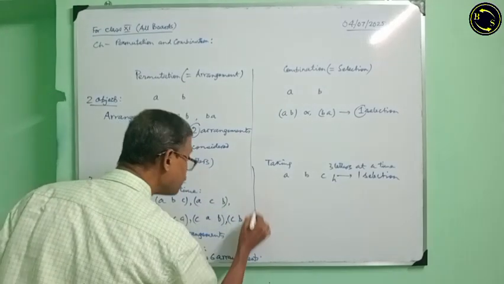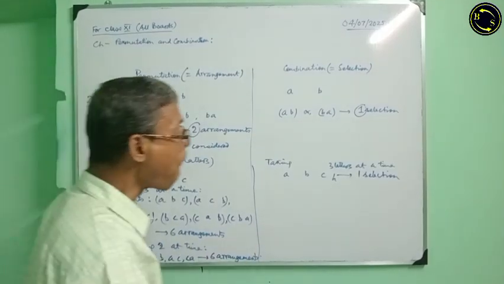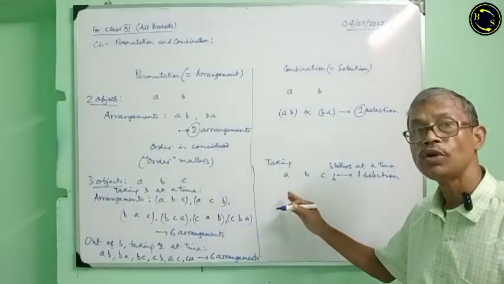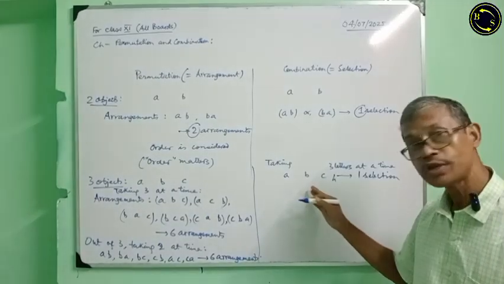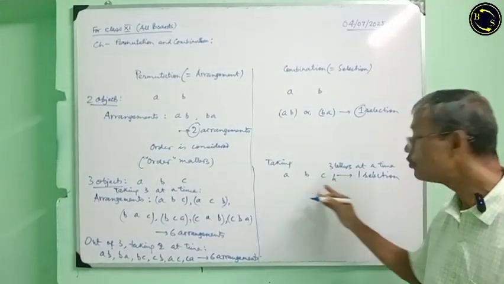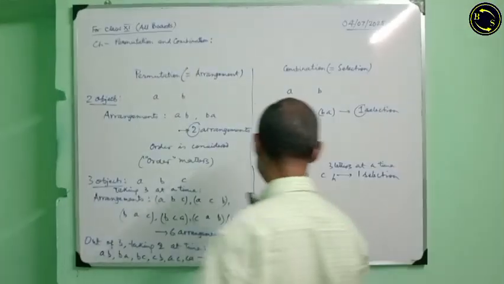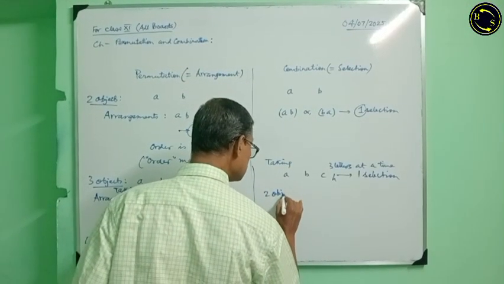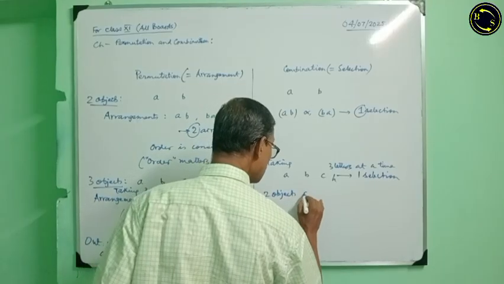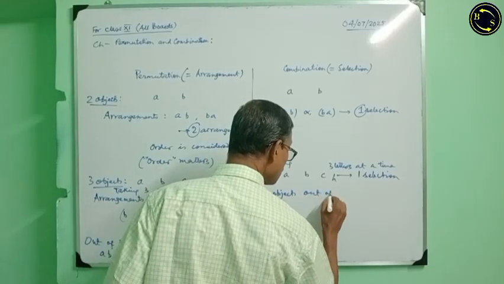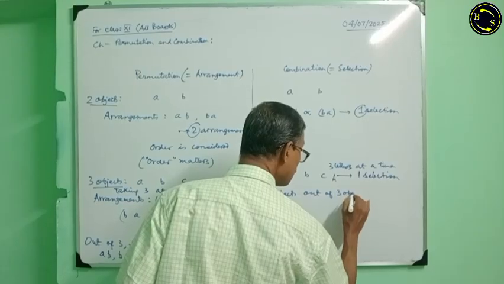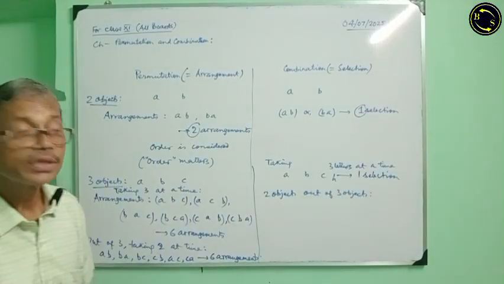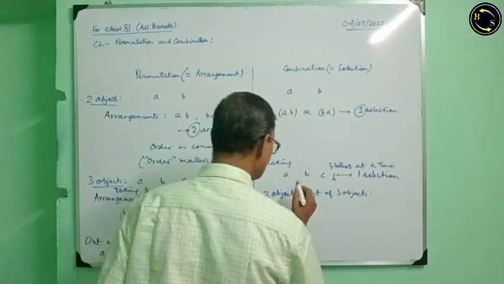Now in case of combination, 2 objects out of 3 objects. Let us consider first AB.